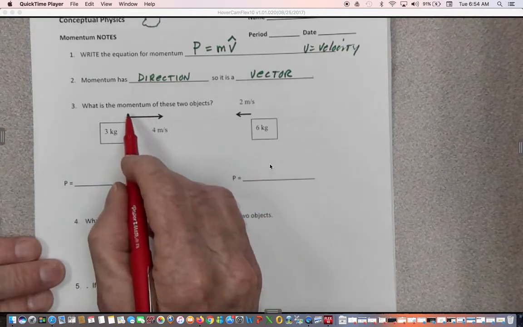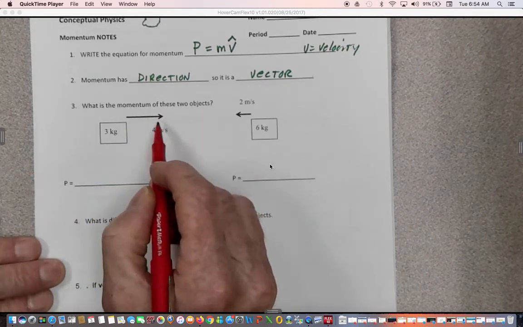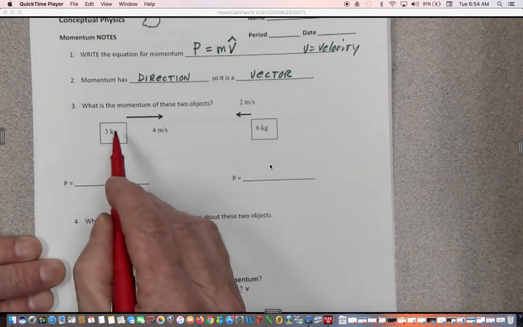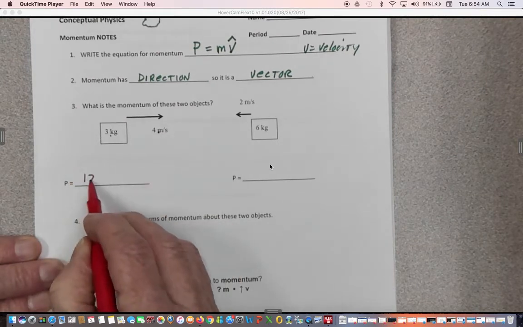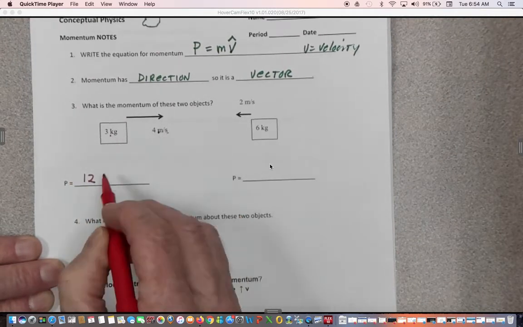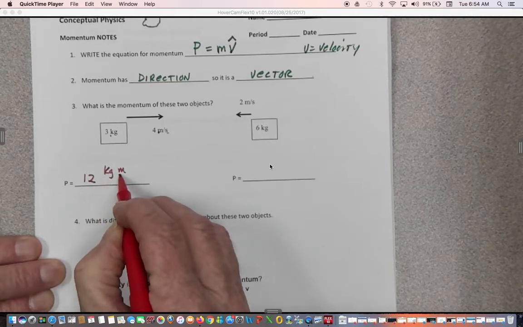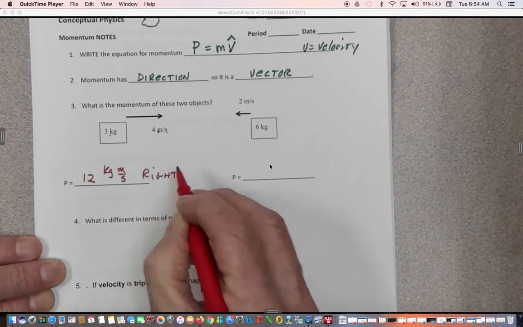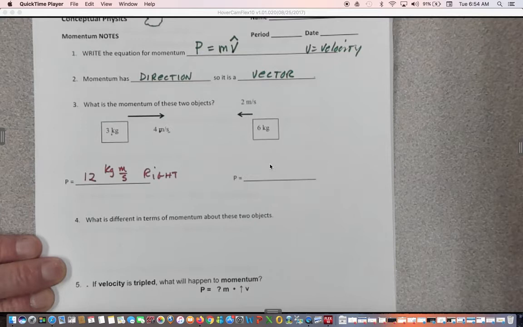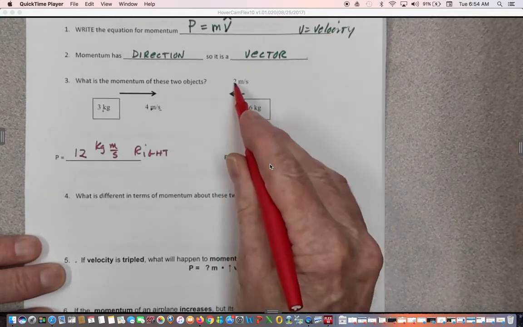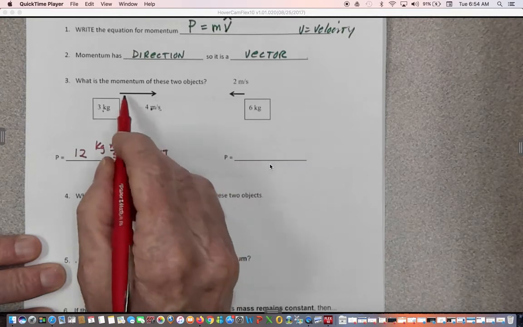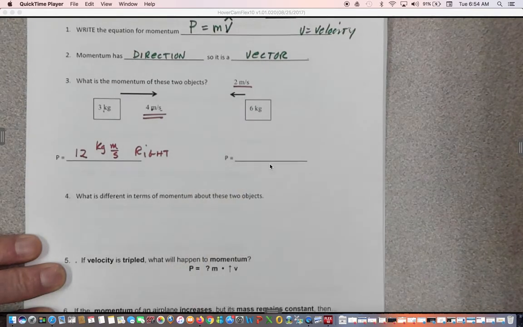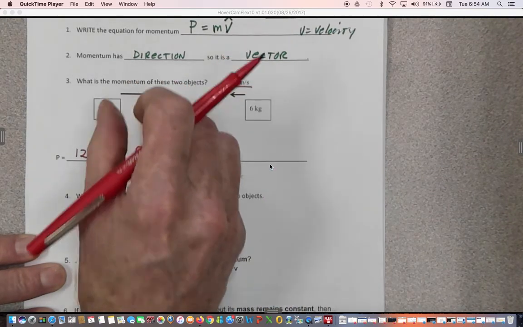What is the momentum of these two objects? Well, since it has direction, and we know momentum is mass times velocity, 3 times 4 is 12, and the units are, you write down what you see, kilograms meters per second, and it will be to the right. This is 6 times 2. Notice this arrow for 4 is very big, and this arrow for 2 is very small, because it's half the size of that.